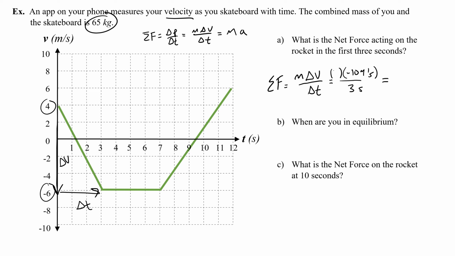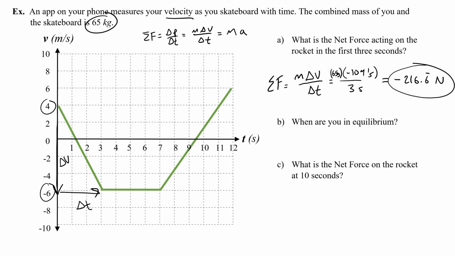So 65 kilograms times that negative 10 over 3 is going to give me negative 650 over 3, which is going to give me negative 216.6 repeating. And again, the unit is kilogram meters per second squared, which we consider to be a newton of force.